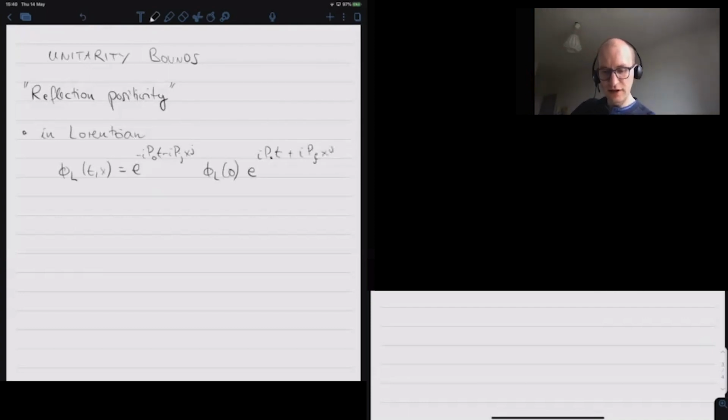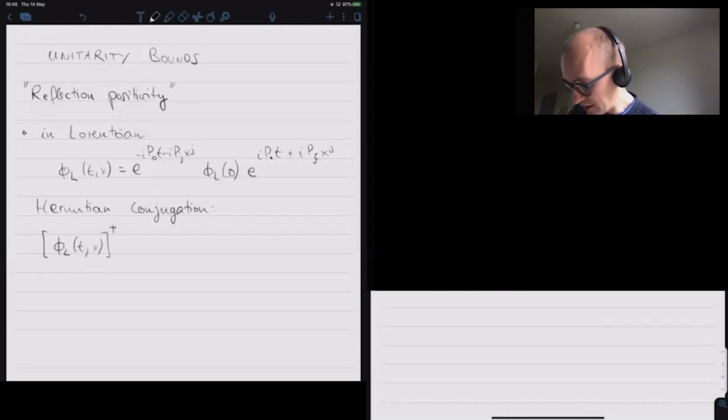Okay. So now let's just apply Hermitian conjugation. If we take this phi_L at t and at x, and I apply the dagger, then of course I change the order, but I also change the sign of i. So this one now comes first, but I changed the sign of i, so it looks like what's there already: e^{-i p_0 t - i p_j x^j}.